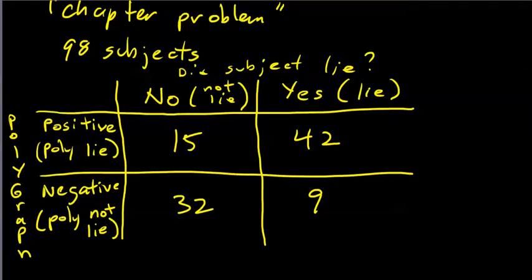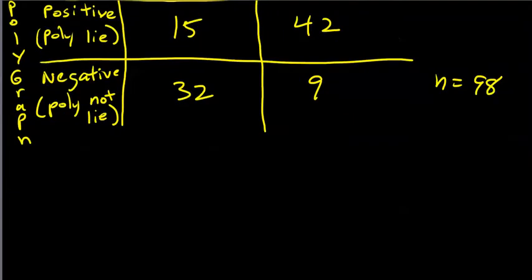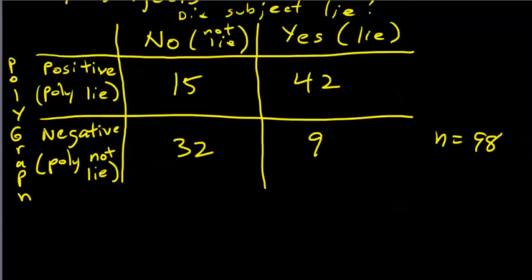Again, the grand sum of all these cells is 98, so there were 98 subjects represented in this table. From this table, I'm going to assume one of these 98 subjects is randomly selected. Pick one randomly.